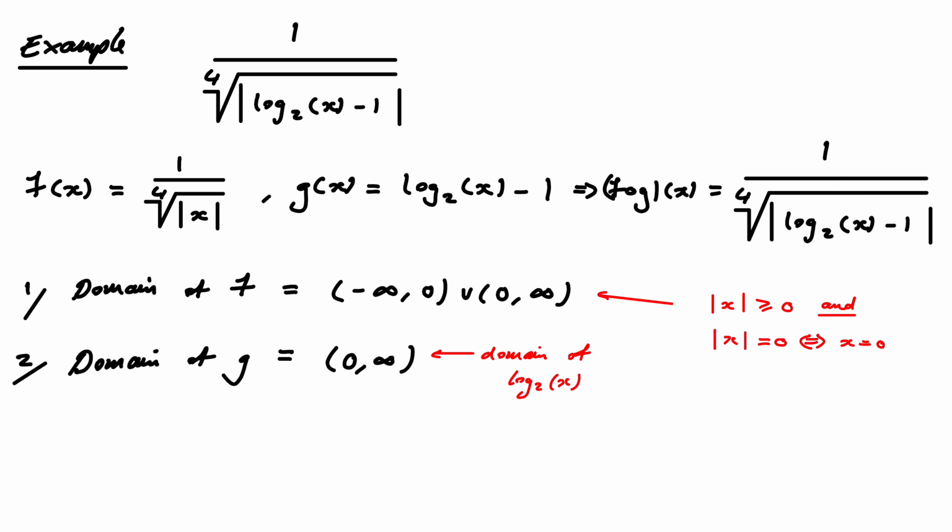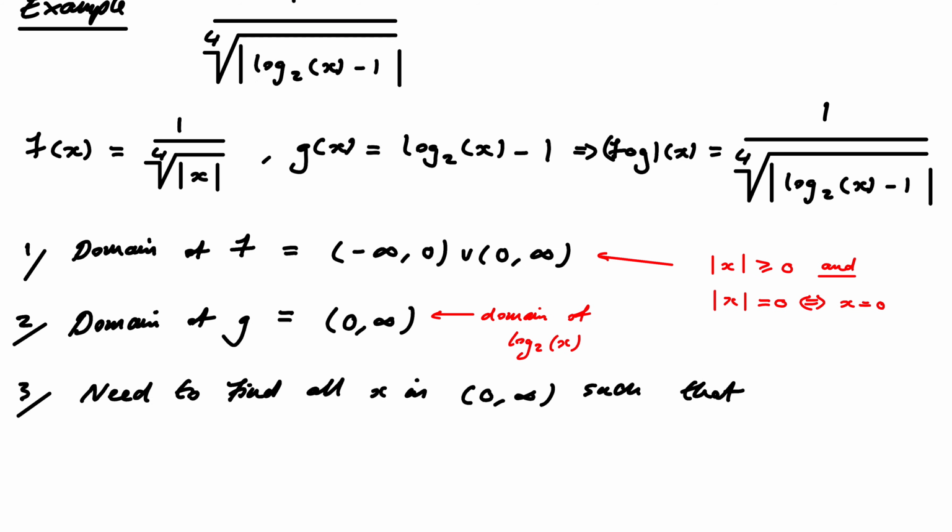What is 3 telling us? This one's a bit more delicate. So we need to find all x in the domain of g, so 0 to infinity, such that log 2x minus 1 is in the domain of f.